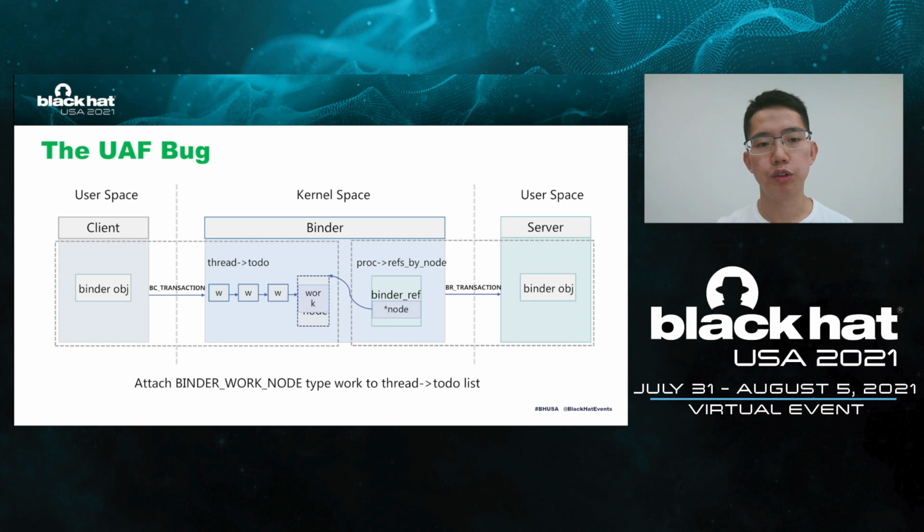One point we want to pay attention to is that when sending a Binder object, a binder_transaction object in the kernel will be created. The binder_work it contains will be inserted into the thread's todo linked list, and the reference to the Binder node will also be inserted into the proc's nodes tree of the target process.